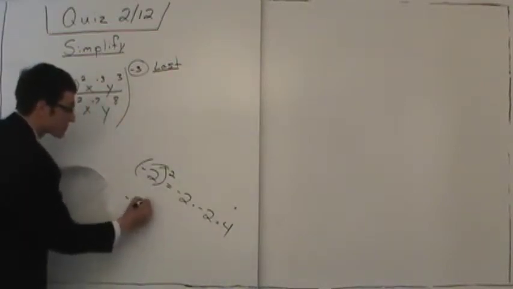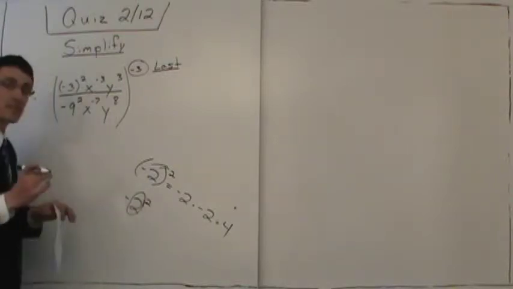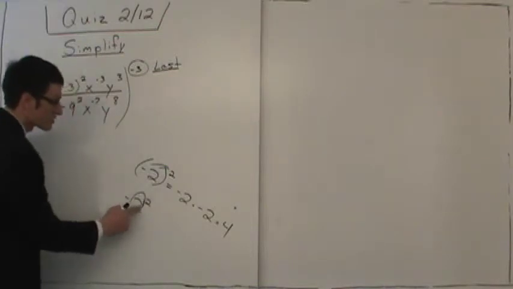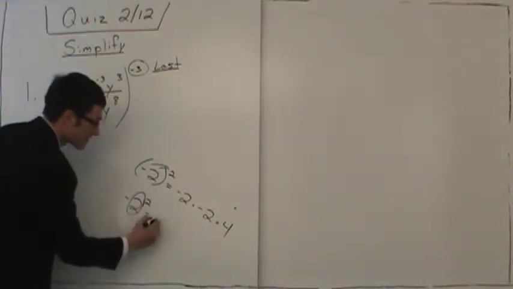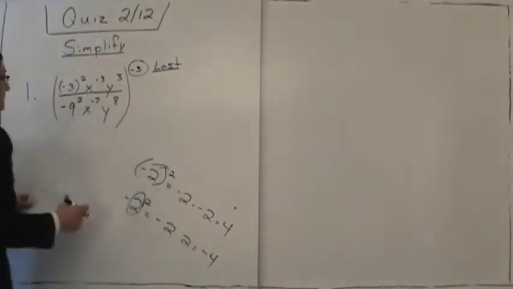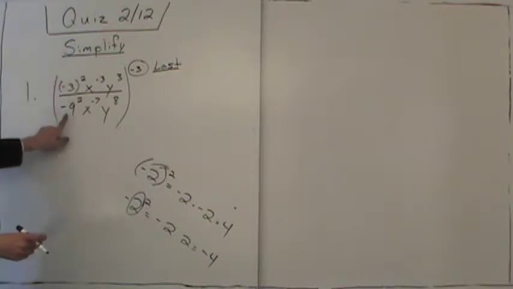However, -2 squared, without the parentheses, the exponent just affects the immediate preceding number or variable unless there's parentheses. So we're just squaring the 2. In this case, this means -2 times 2, which is -4. So in this problem, we see a difference between (-3) quantity squared and -9 squared.